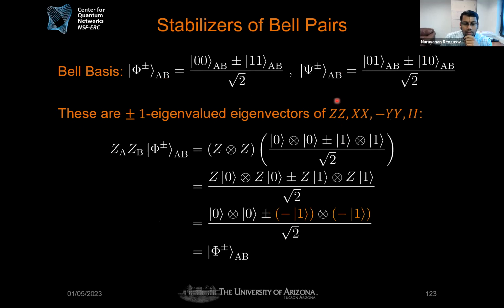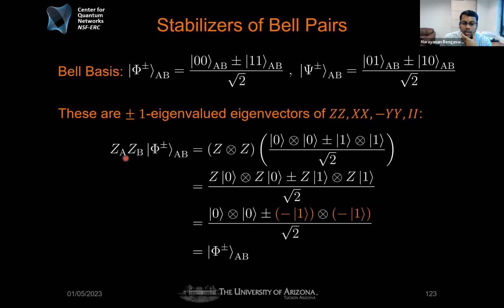Okay, so you can take these Bell basis states, and you can check that these are eigenvectors of the following operators. So we have already seen that 0 and 1 are the eigenvectors of Z, and plus and minus are the eigenvectors of X. And here we are checking which operators these Bell states are eigenvectors of.